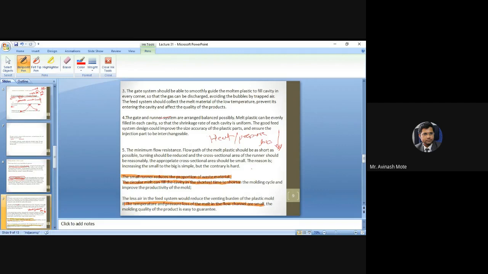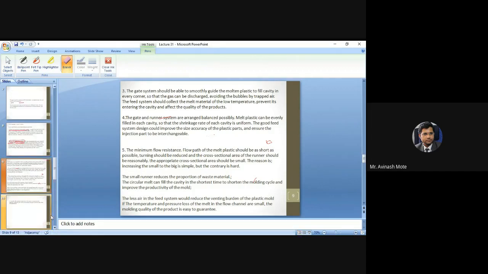For that, reduce the cross-sectional area, reduce the length, reduce the turning points. Keep the cross-sectional areas uniform. These are the main issues that are required to be considered in the feeding mechanism. Okay, normal points are there.